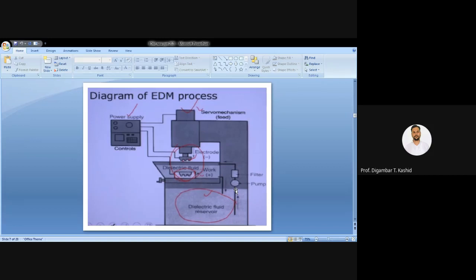Once again, I am repeating, are you getting the concept of EDM or not? Say yes or no in the chat box. Because the entire yesterday's lecture we invested in the explanation of the working principle, how the spark is generated.